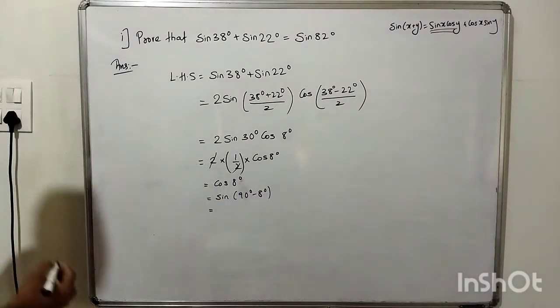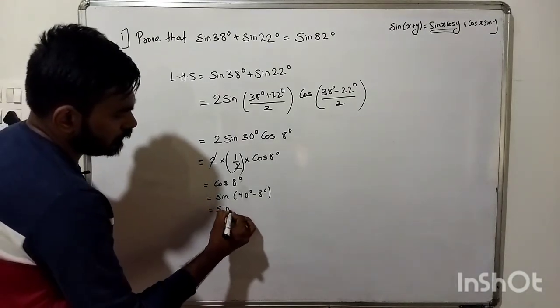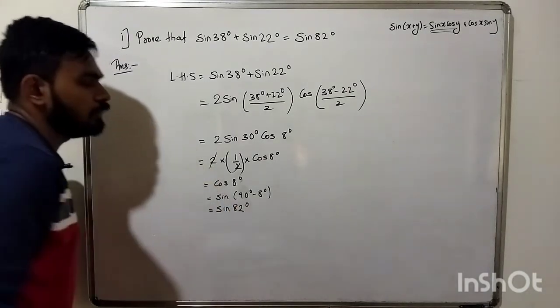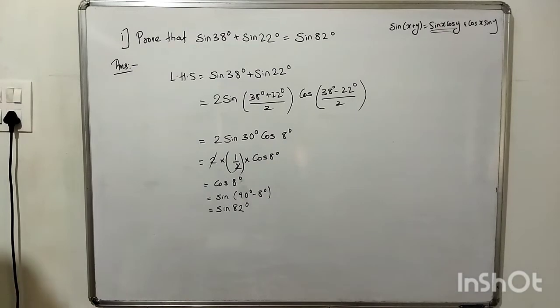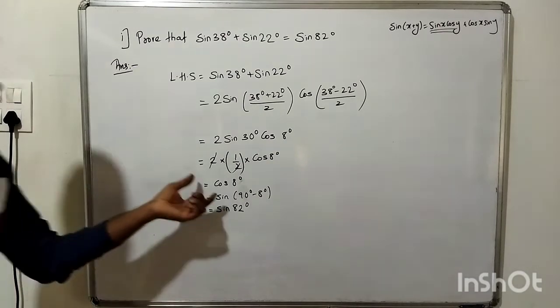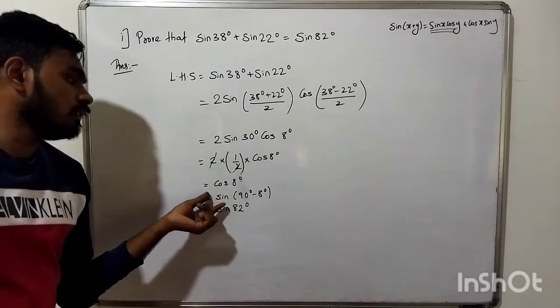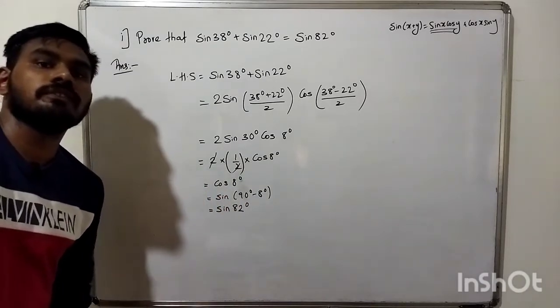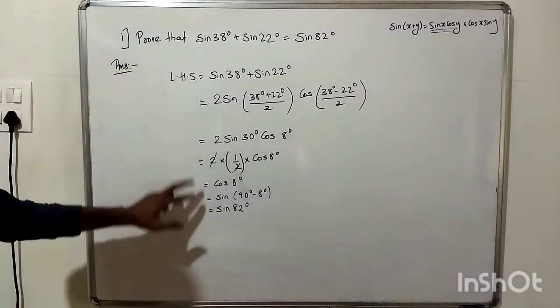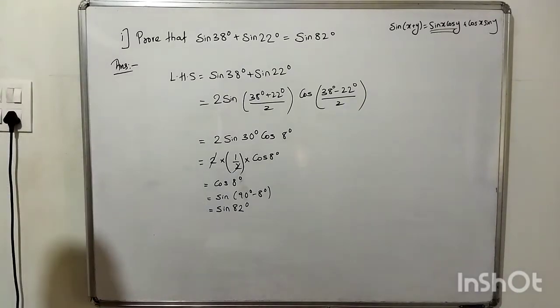Sine 90 minus 8 is sine 82 degree, okay? So again, if you didn't understand this, you can also see my previous videos, the first video. In this I explained how this came, all these things, okay?